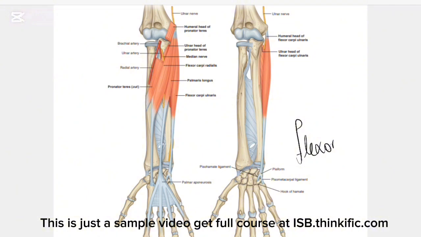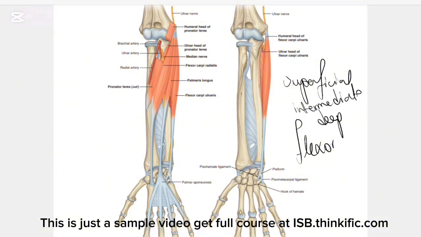There's a superficial layer, and there's an intermediate layer which contains one muscle, and then there is a deep layer. In general, these muscles flex the wrist and fingers, they flex the thumb, and they pronate, okay?